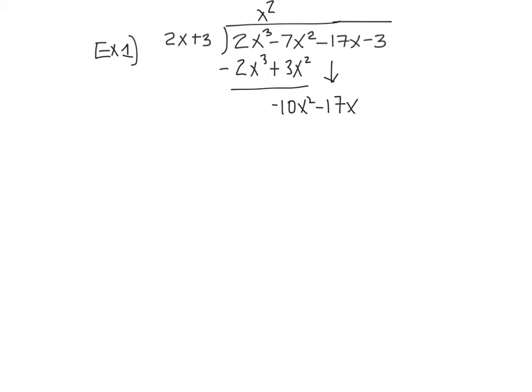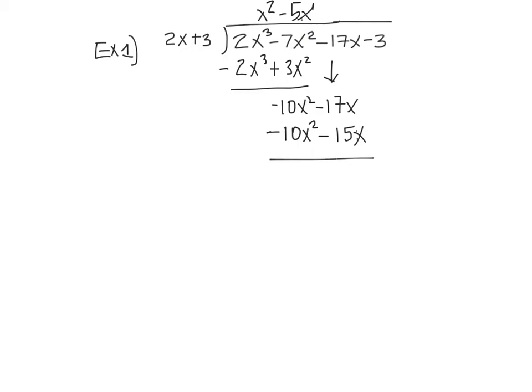I want to make it negative 10. So I'm going to multiply it by negative 5x. And when I do that, that will be negative 10x squared. And the next digit is going to be negative 15x.